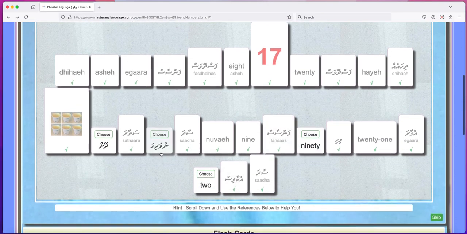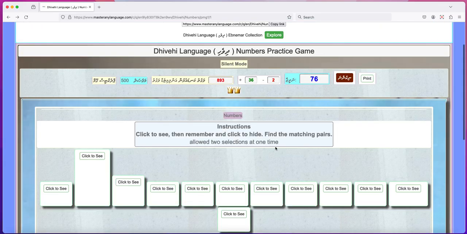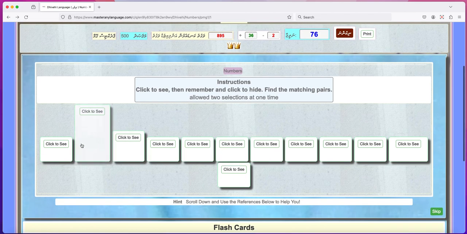Alright, I'm going to guess that this might be 2 because it looks smaller. I can't remember what 2 was. Deke. Tiris. Wait. No. Tiris.